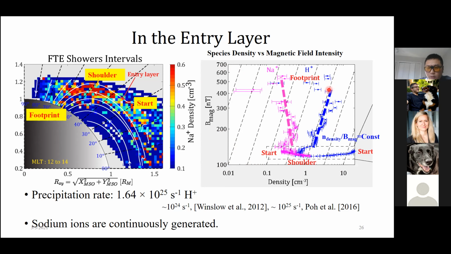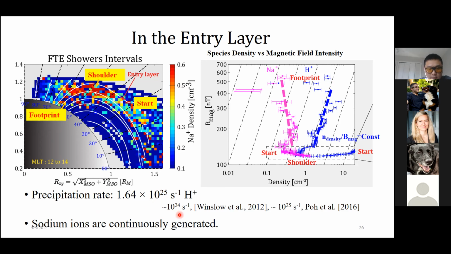We got a value like 6 to 5 per cubic centimeter, and we can estimate the precipitation rate associated with the entry layer. That value is around 10 to the 25th per second.